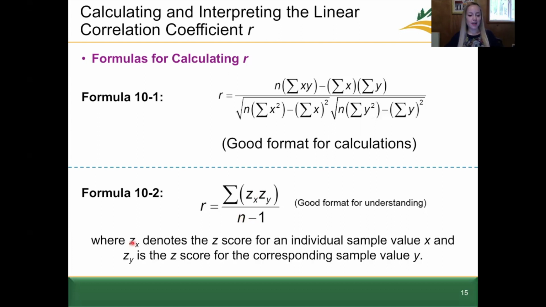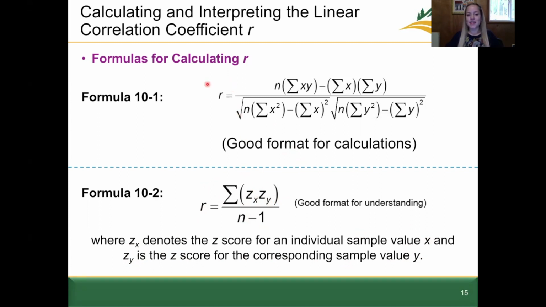The z subscript x denotes the z-score for an individual sample value of x, and then z subscript y is the z-score for the corresponding sample value for y. This actually ends up being slightly more complicated than the other formula, depending on how you look at it, because you have to get a z-score for all of your individual x data and all of your individual y data.